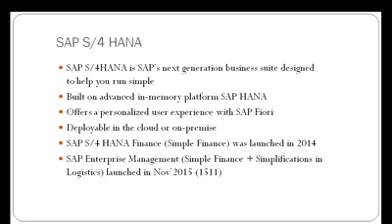Finally, they came up with SAP Enterprise Management, which is also called SAP S/4HANA On-Premise Edition 1511. It not only includes finance, but also logistics functionalities. So simplifications were made in logistics, and it was launched in November 2015.